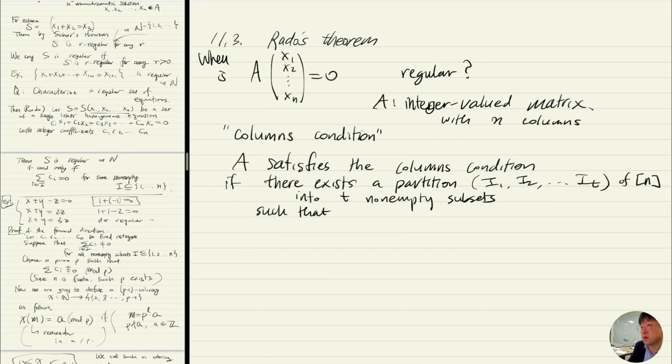now here's the important condition. So for each i, the sum of the vectors, okay, so what is Ci? Ci is the ith column.